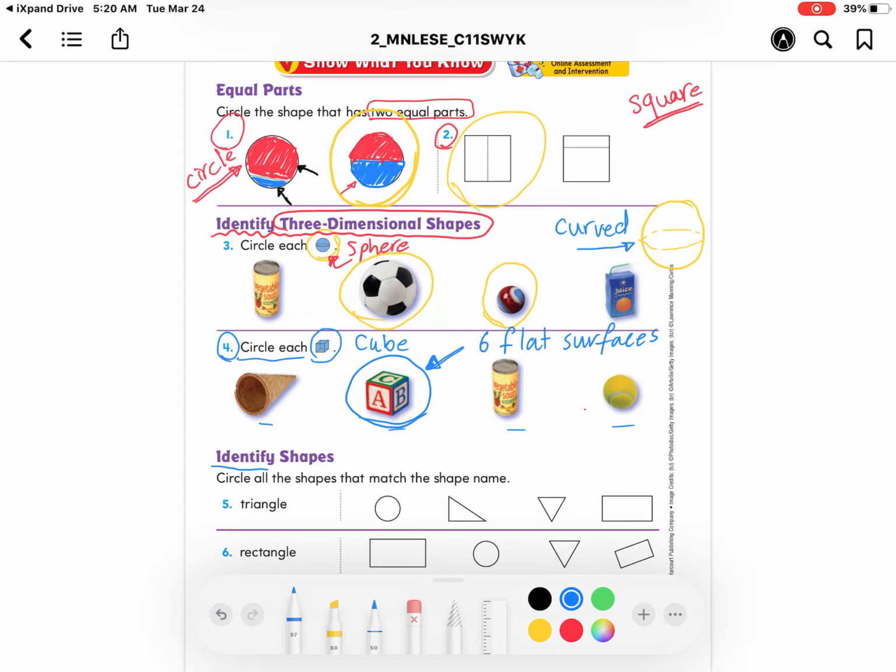So here, identify shapes. Now circle all the shapes that match the shape name. Now triangle. Triangle. I always say to grade 1 that tri means 3.